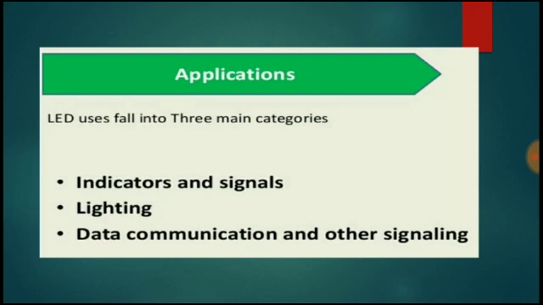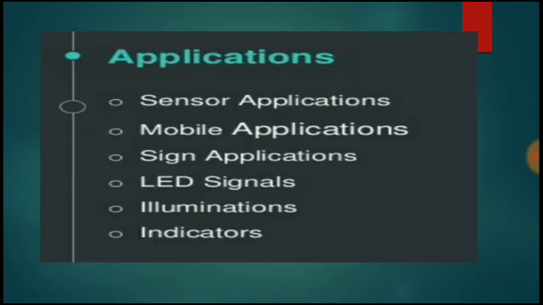Applications of LED. LED use falls into three main categories: it is used as indicators, as signal lights, as lighting devices, and in data communication and other signaling processes. These are the major categories. Now the main applications: sensor applications, mobile applications, sign applications, LED signals, illuminations, indicators.